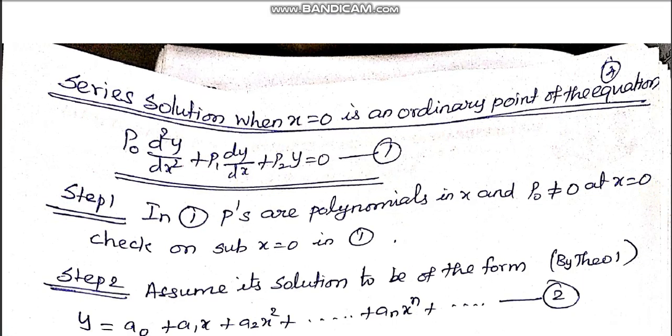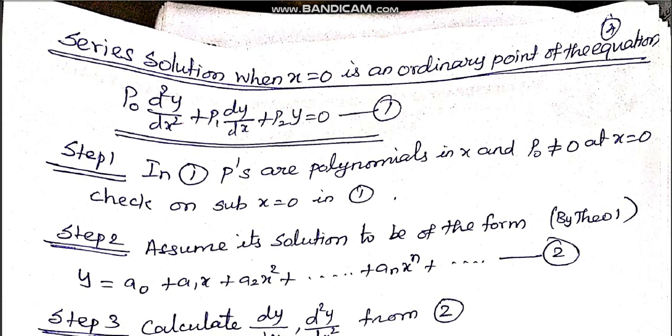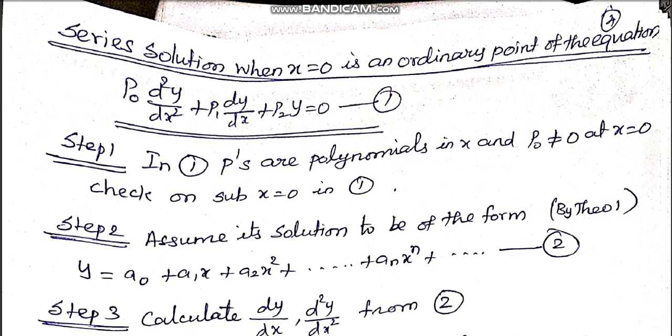In our previous lecture, we completed the series solution, the definition of an ordinary point, and the theorem. Series solutions when x equal to 0 is an ordinary point of the equation p naught d square y by dx square plus p1 dy by dx plus p2 y equal to 0.